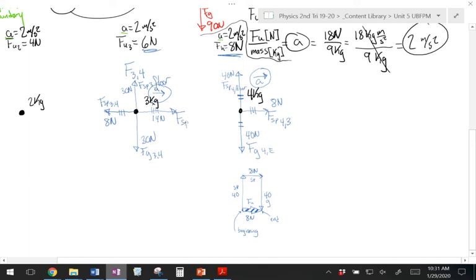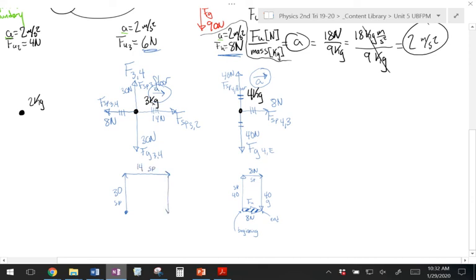This is FSP, 3, comma 2. The 2 is pushing that hard that way. If I add these together, I'm going to have 30 up, smoosh poosh. I'm going to have 14 to the right, smoosh poosh.